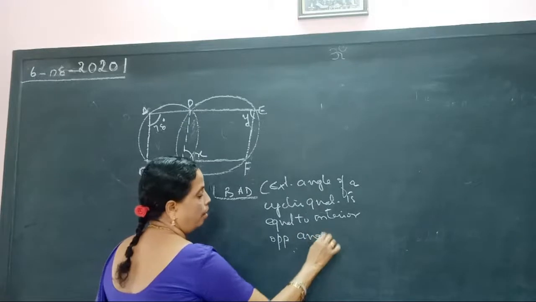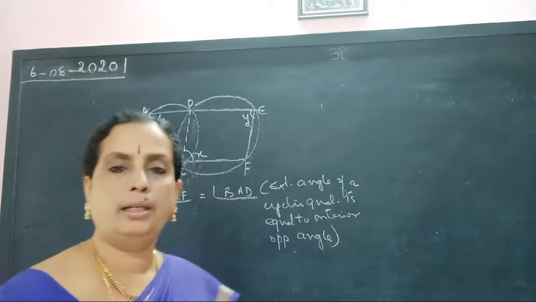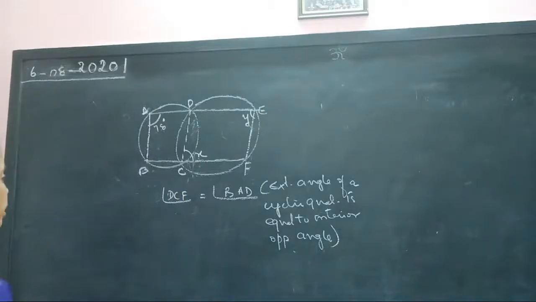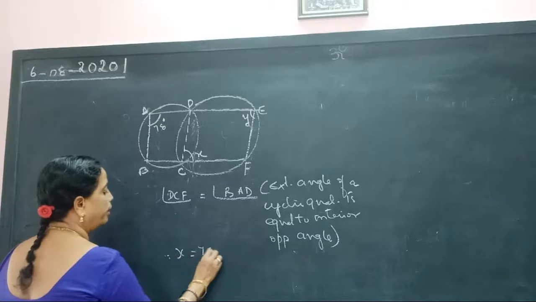It is not the sum of just the interior opposite angle. They are not supplementary. Therefore, x equals 78 degrees.